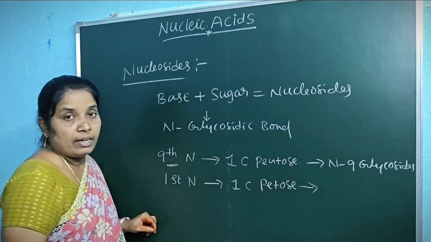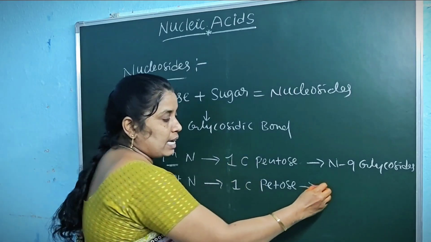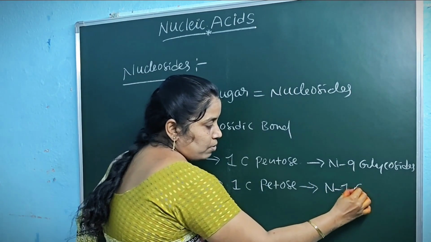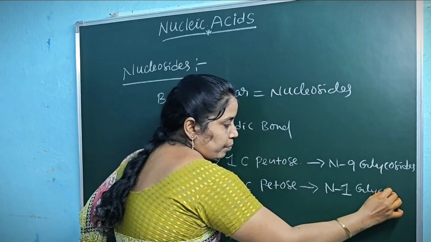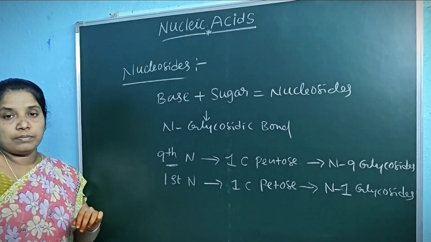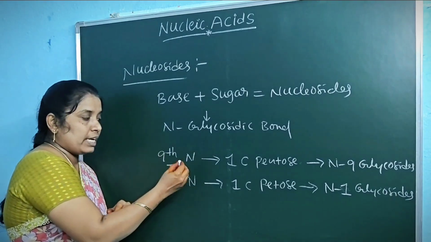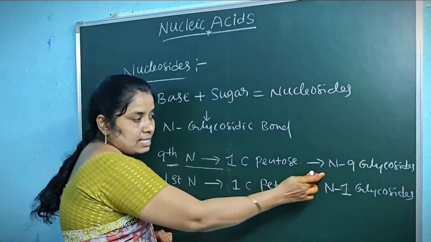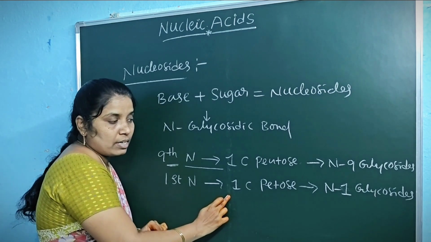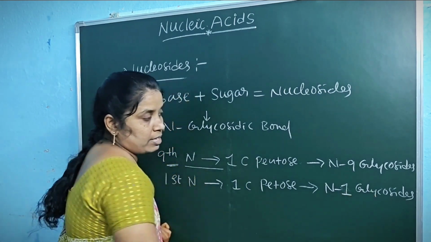So that's why pyrimidines are called N1 glycosides. Okay, so the purine nucleosides are called N9 glycosides, whereas pyrimidine nucleosides are called N1 glycosides.